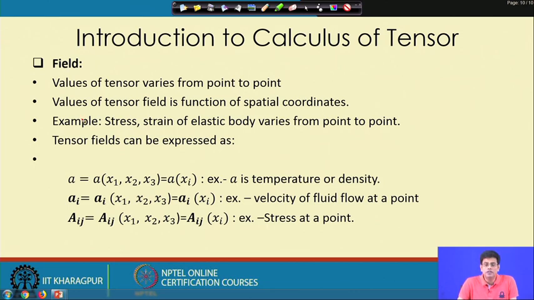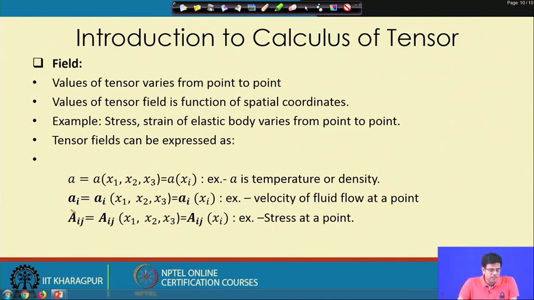If it varies from point to point, it will be a function of x, y and z. For example, stress and strain of an elastic body vary from point to point, so naturally they are functions of x, y, z. A tensor field, or the zeroth order tensor, which is a scalar field, can be a function of x1, x2, x3. We write it in short form as a of x_i.